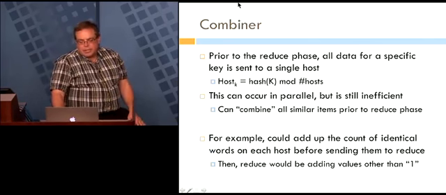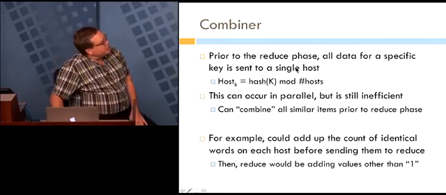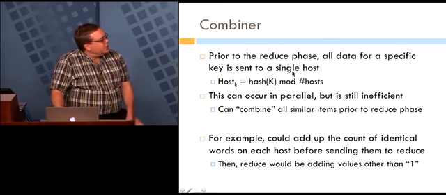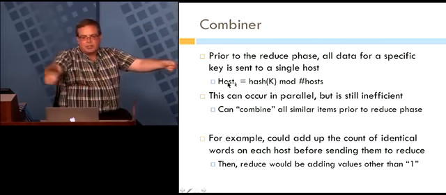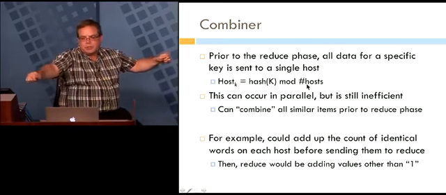So prior to the reduce phase, there's the shuffle phase, and we'll see that basically there's the shuffle operation for k hosts in your reduction set, for the number of hosts in your reducer set.